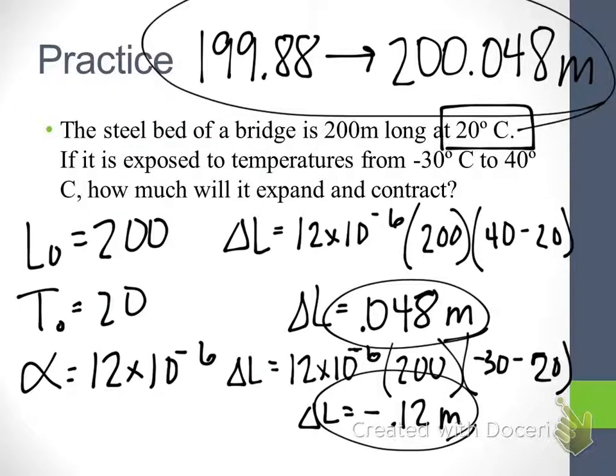So that means the length of that steel bed could be anywhere from 199.88 meters to 200.048 meters.